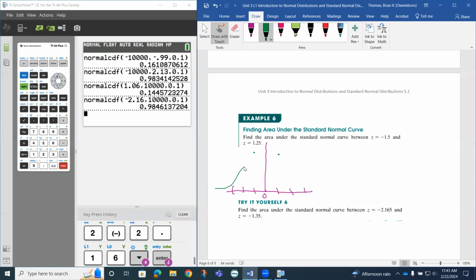So I'm going to be down low, come up, and then get it here and bend it, and then bend it again, something like that. So z-score negative 1.15 would be about here, and then z-score of 1.25 would be just past 1. So what I want to know is the area between these two z-scores. So I want to know this area here.